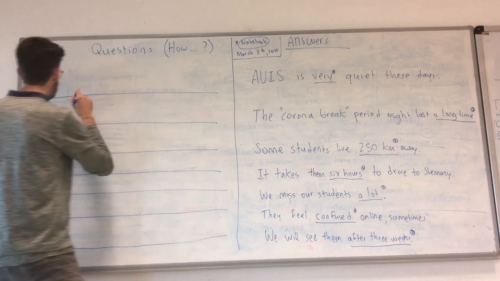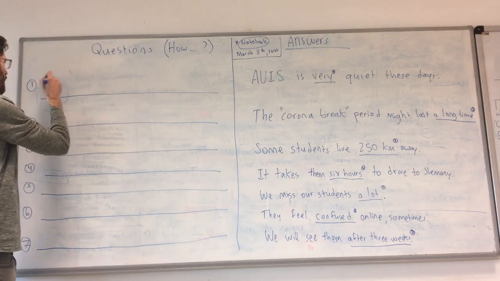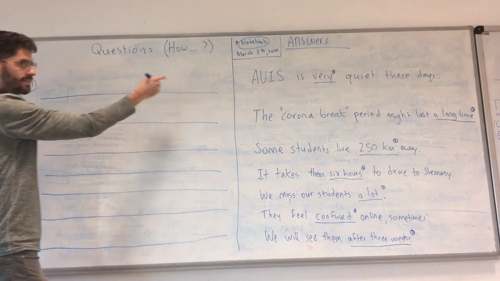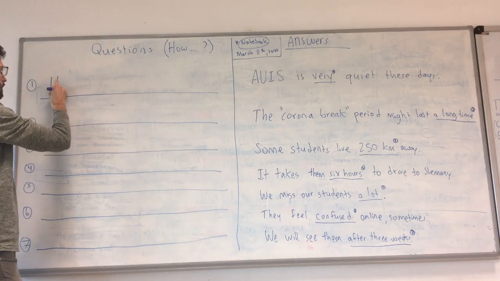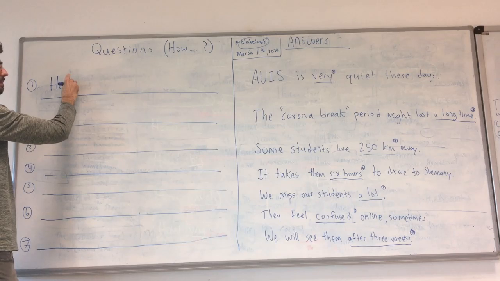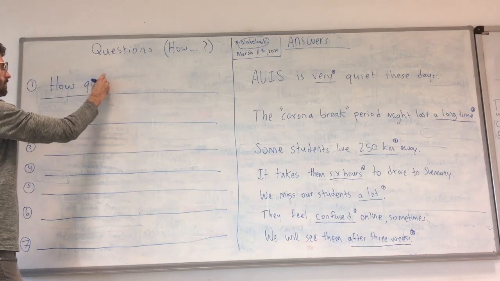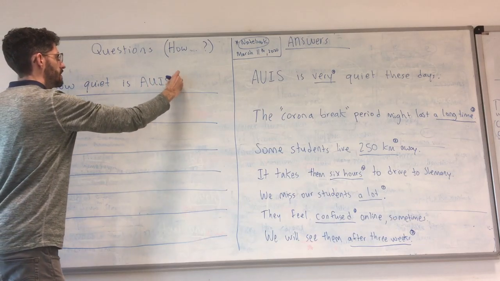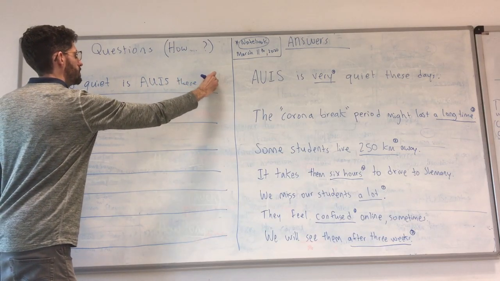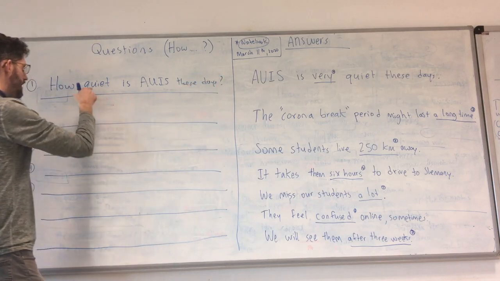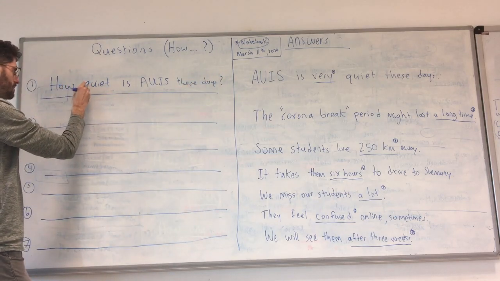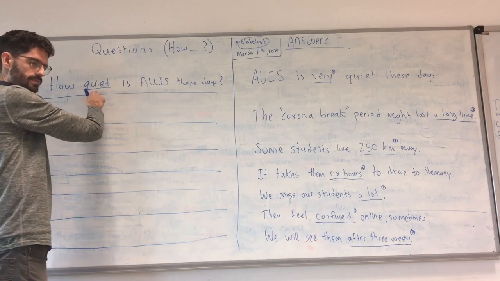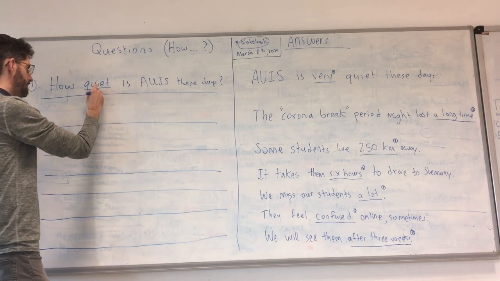So for number one, the answer, AUIS is very quiet these days, I can say, how quiet is AUIS these days? And because quiet, what part of speech is that? Adjective.